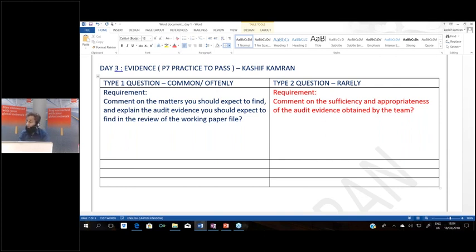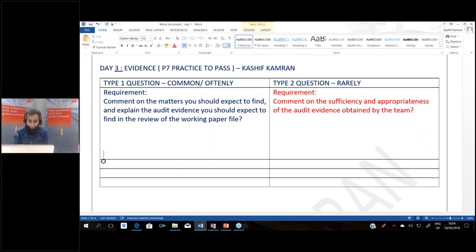These are two types of requirements which come in P7 on evidence. Now, we are preparing ourselves for both types. I'll first do our discussion with you on the types, then I'll make you prepared for it, and then we'll go and see an exam paper.